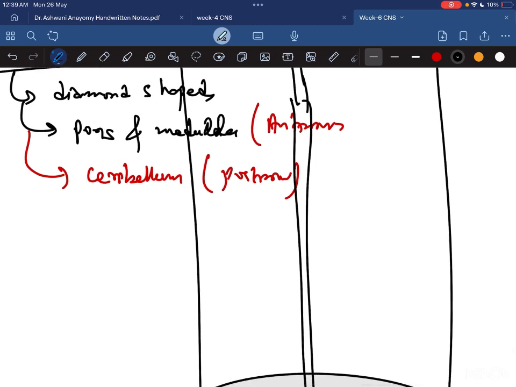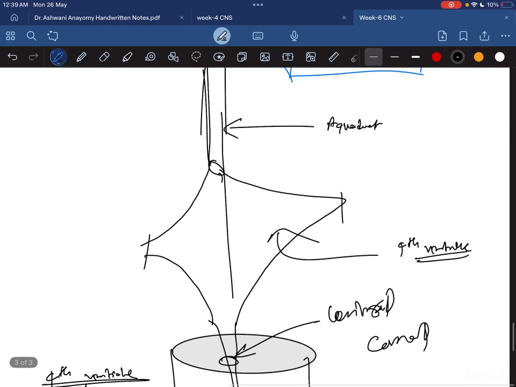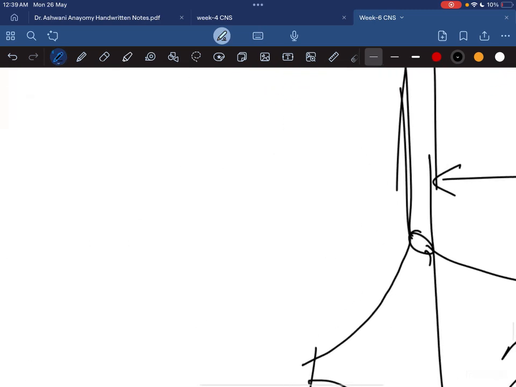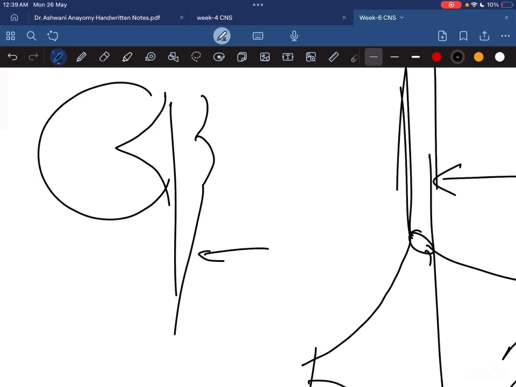Now moving on to its borders, or boundary. When you look at the borders, there is a roof. On another image, this is the pons, medulla, cerebellum, and this is the spinal cord.